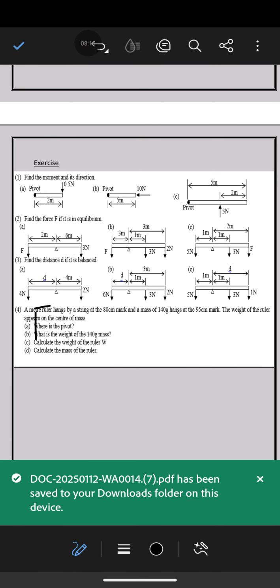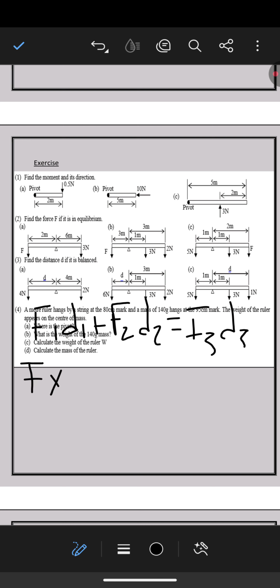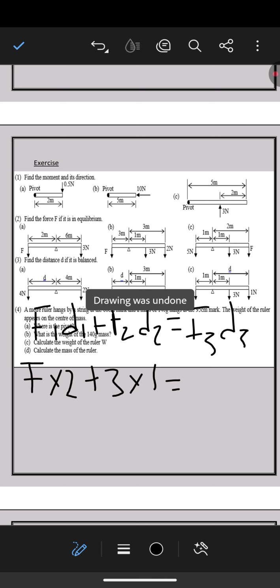So I've got F1 D1 plus F2 D2 equals F3 D3. F1 is F times distance 1, it's 2, plus F2 is 3 times distance 2, it's 1, which is equal to F3 is 5 times distance 3, it's 1, right?